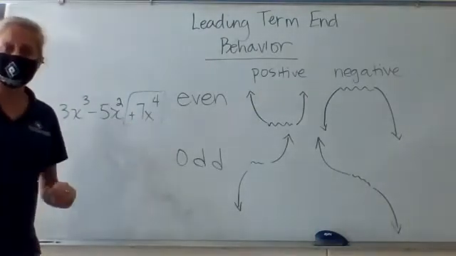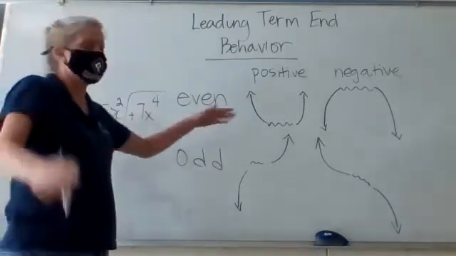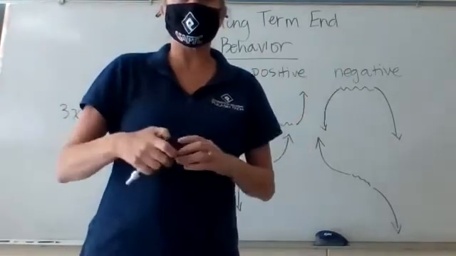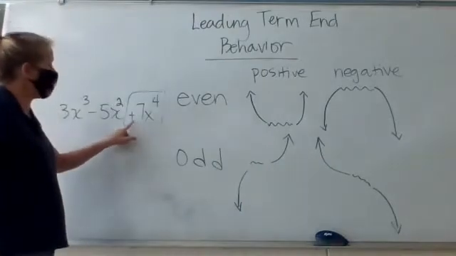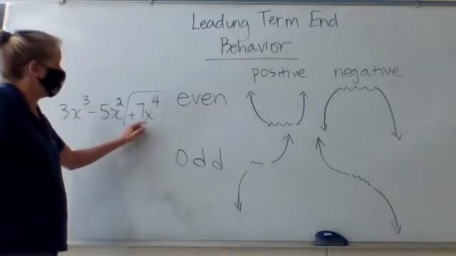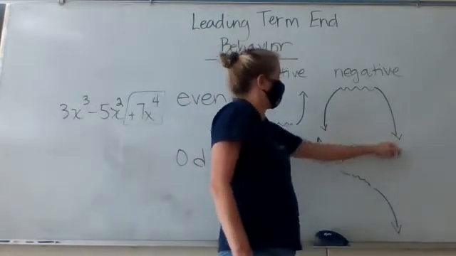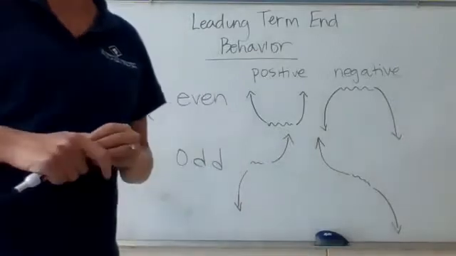If your sign is positive and you're even, that means both sides of your graph are going to be going up. If you are negative and even, that means both ends of your graph are going to be going down. So that leading term is what determines that.